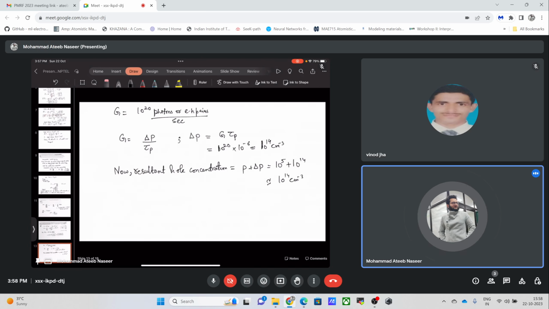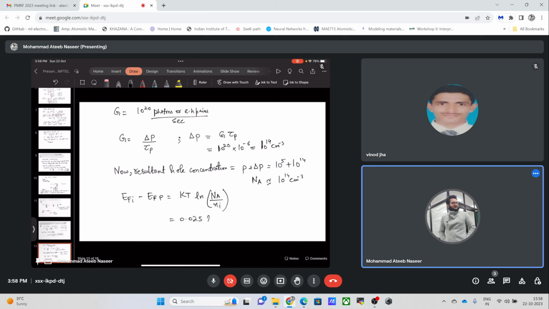So from this we can now find out the difference between the intrinsic Fermi level and the quasi Fermi level of the holes, which will simply be kT ln of Na by Ni. The Na value is now approximately equal to 10 to the power of 14.